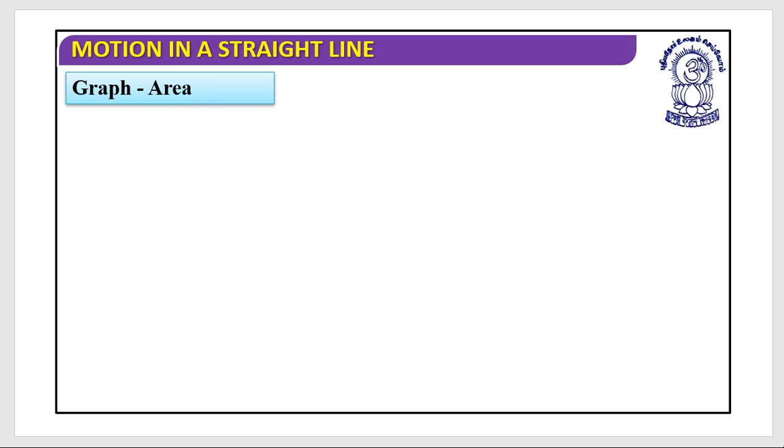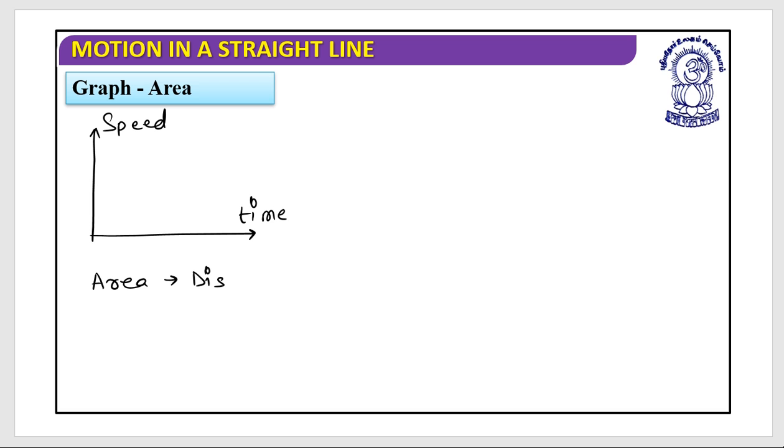Whatever we have done up till now. Let's say a graph is of speed versus time. So its area, if I take the area of this graph, would be distance.